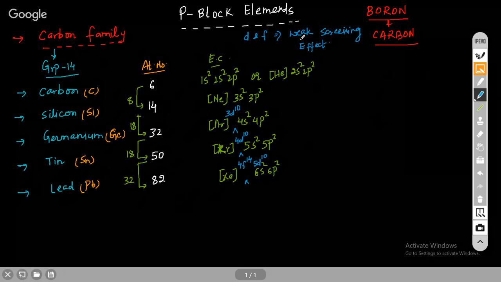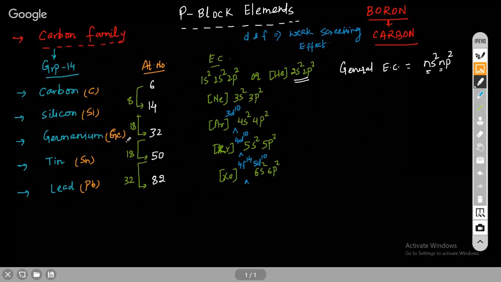Now you see a few trends. From this electronic configuration one thing is clear: the general electronic configuration for the carbon family is ns2 np2, where n is the number of the period. For carbon it is 2s2 2p2, since it is in the second period. Silicon 3s2 3p2, third period.